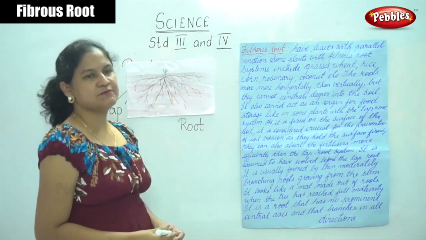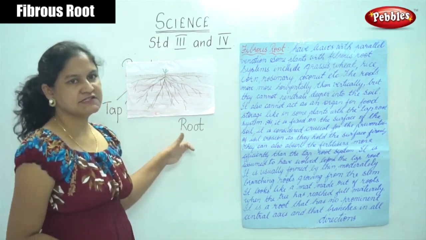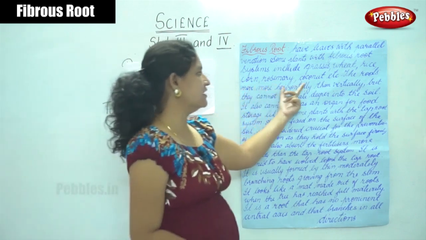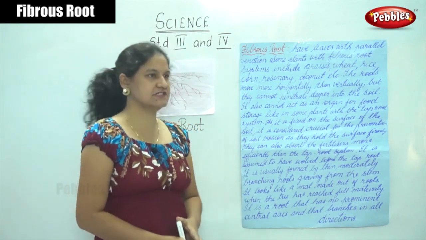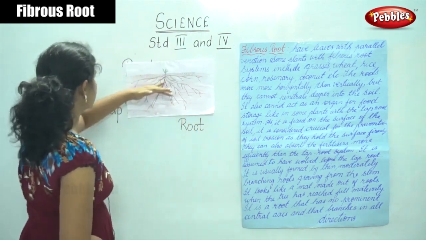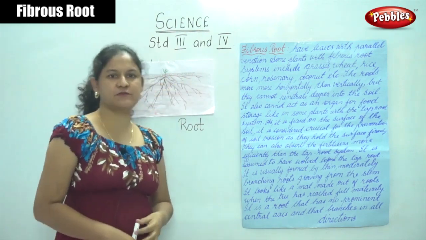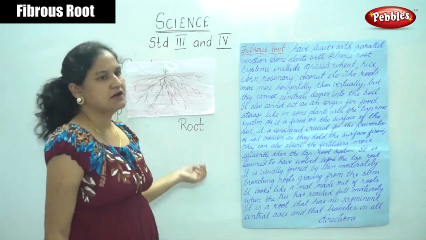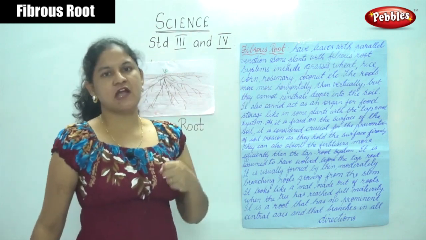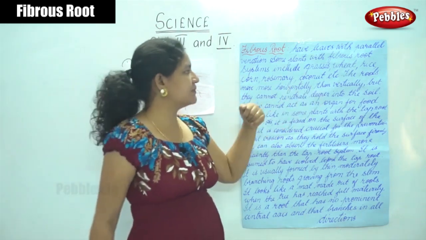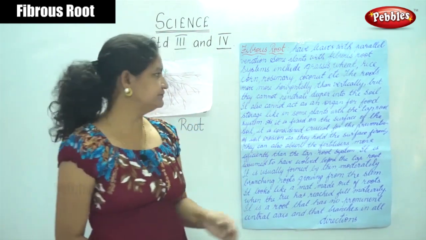Some plants with a fibrous root system include grasses, wheat, rice, corn, rosemary, coconut, etc. If we uproot a rice plant or a wheat plant, we can see the fibrous root system.